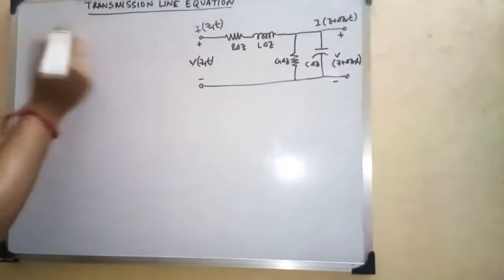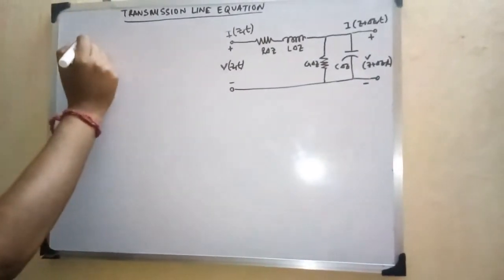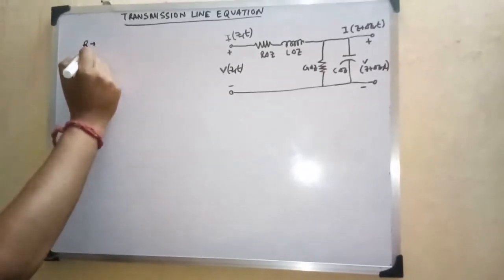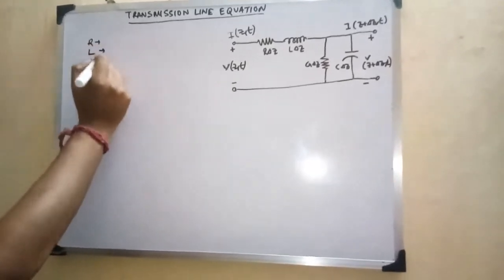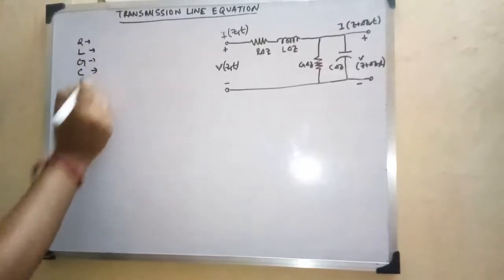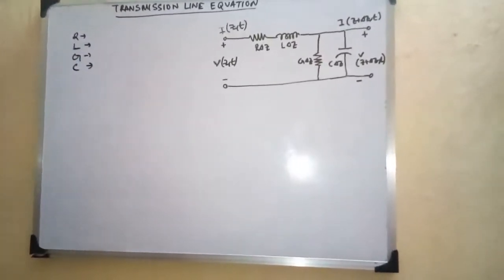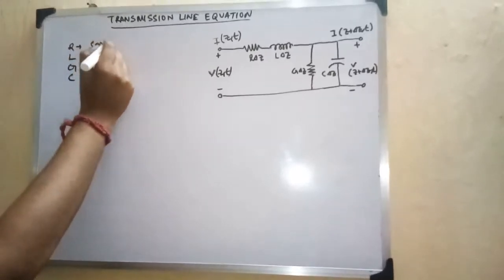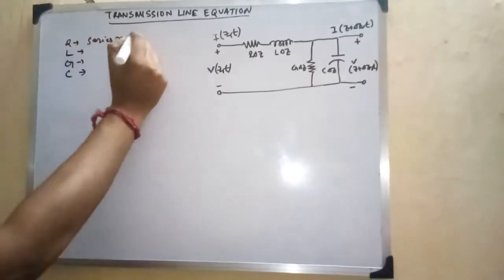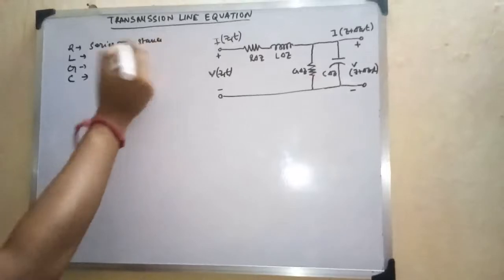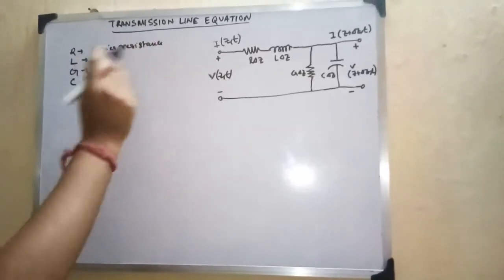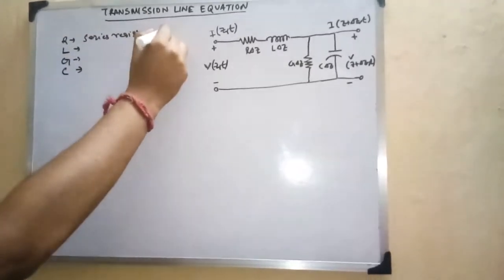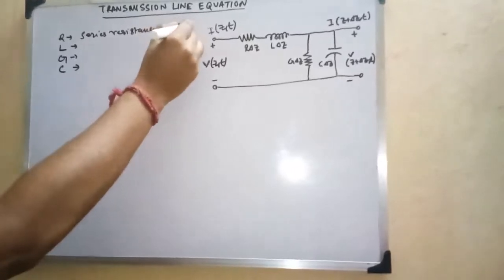First you need to see what these R, L, G and C are. I think we have discussed this in the previous class also, but I am briefly discussing it again. This is your series resistance per unit length.